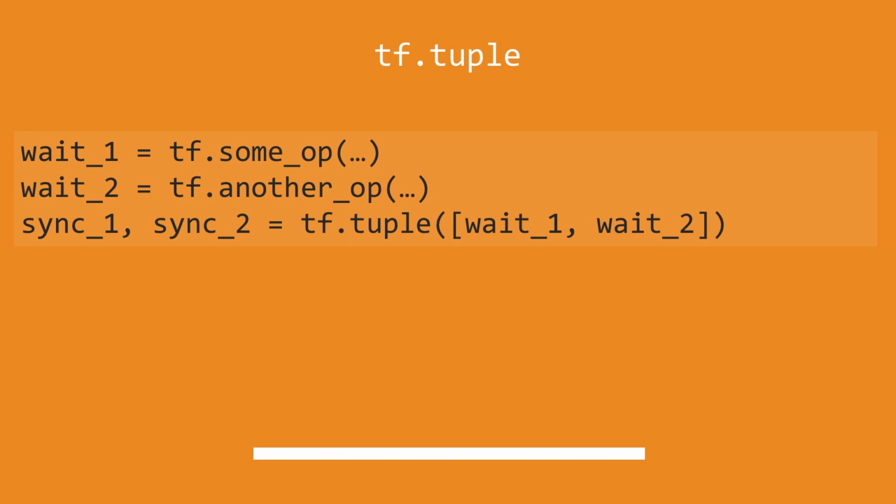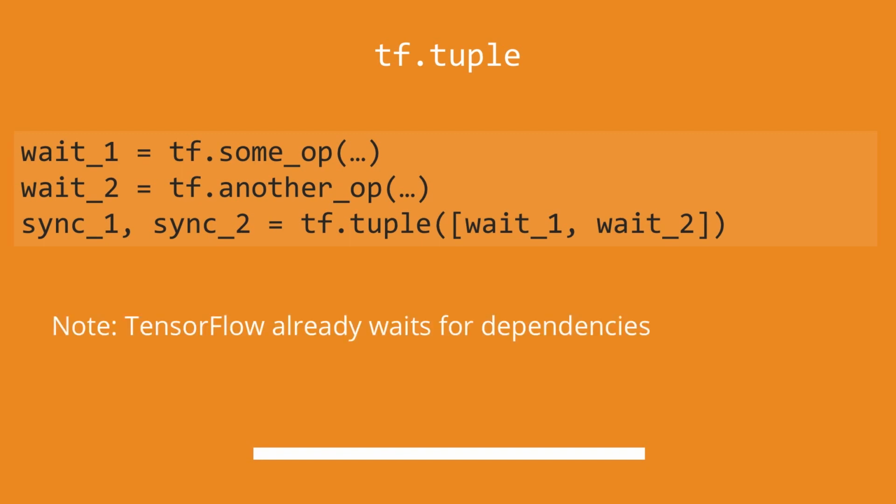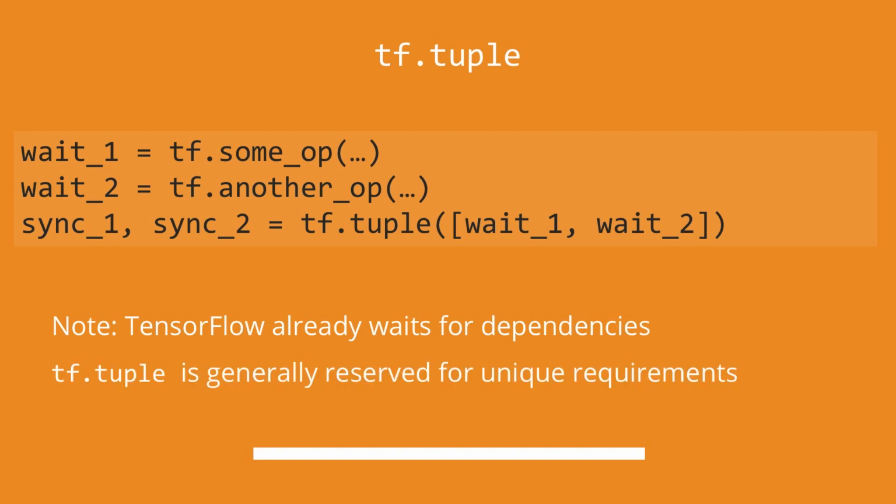We're going to wait for both of them to finish before passing them on. That said, TensorFlow already waits for dependencies, so tf.tuple is usually saved for unique requirements, things like big distributed training or multi-GPU training, where even though operations might be able to run asynchronously, you want to enforce this synchronization directly. So that's it for control dependencies.